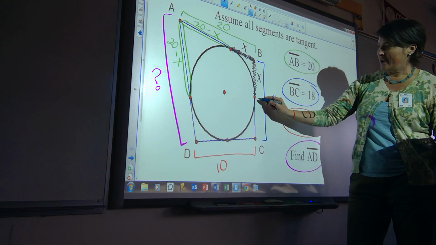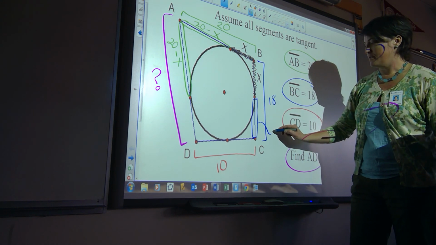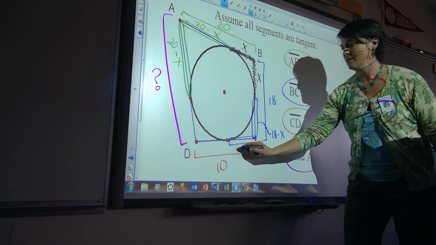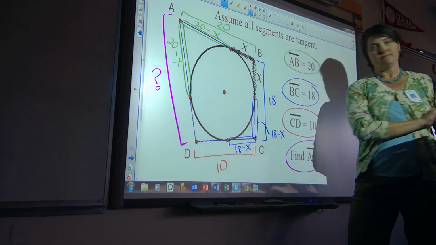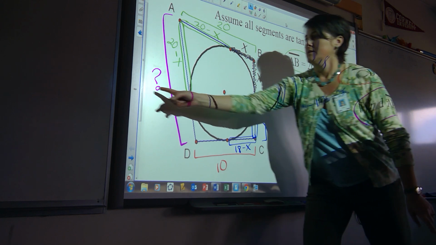So if this is X, how big is this piece right here? 18 minus X. Yeah, that one will be 18 minus X. So therefore this one will also be 18 minus X. Okay, we do have to do this process once.